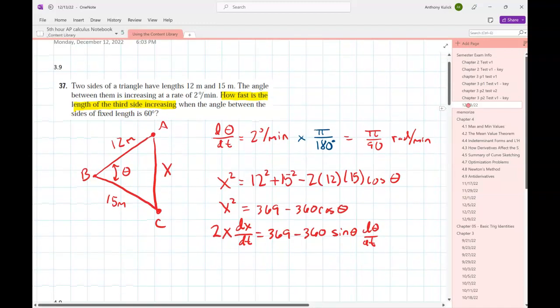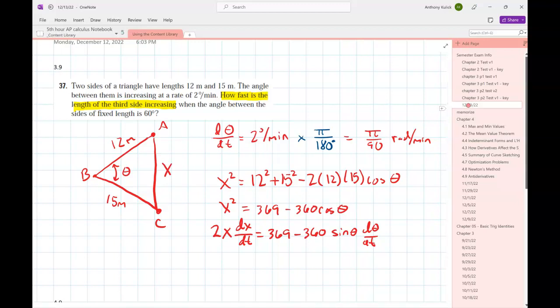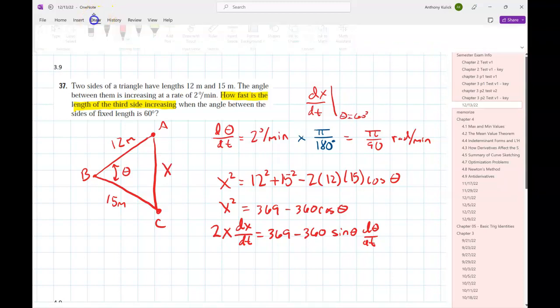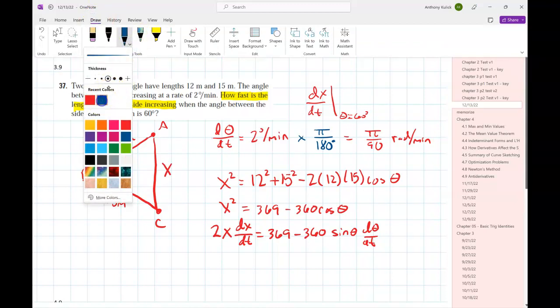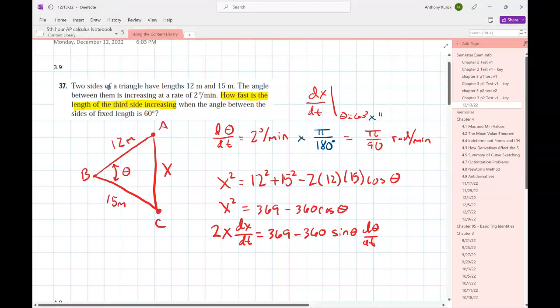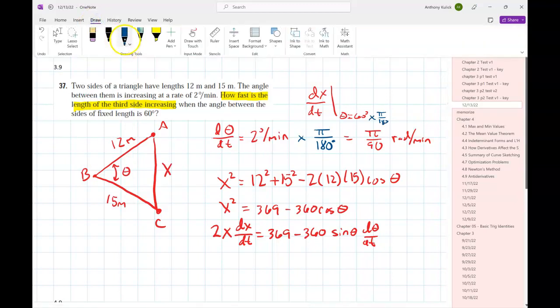So, it asks how fast is that rate of the third side increasing? So we're looking for dx dt when theta is equal to 60 degrees. Again, I'm going to convert 60 degrees into radians. So when I do that, I get pi over 3.